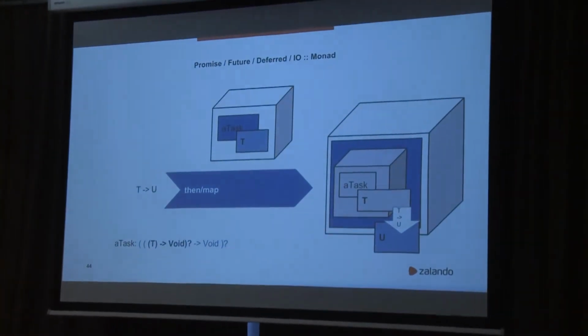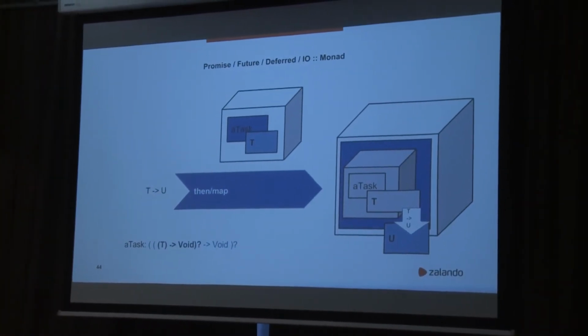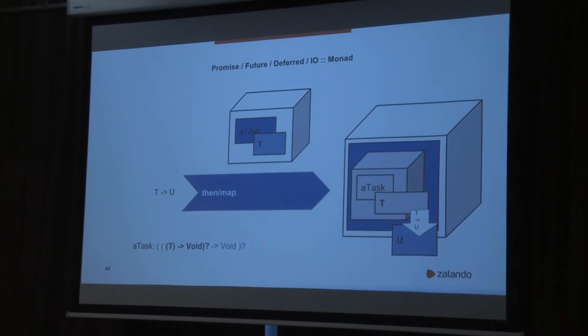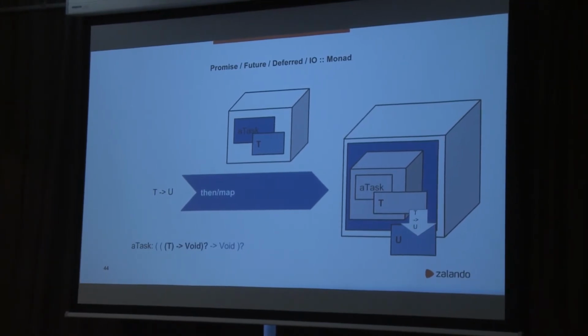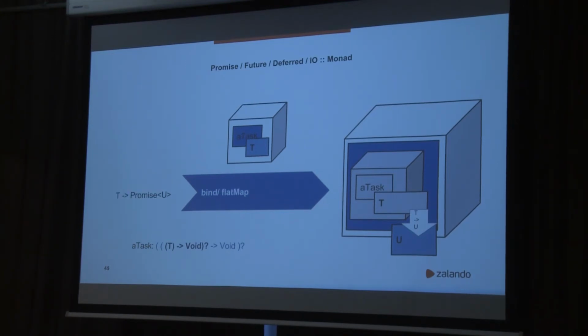Now, map is the same thing. It takes a concrete T, returns you a concrete U. But how do you chain with the Promise T? When the T is done, it will call into your map function. It will somehow encapsulate that. To see how it actually works, you can take a look at the code, which is just like 30 lines. So what is a flat map?